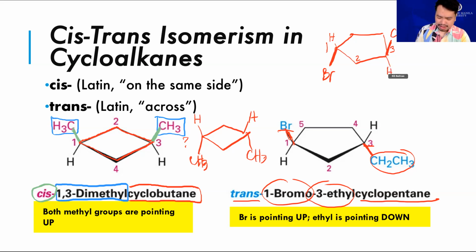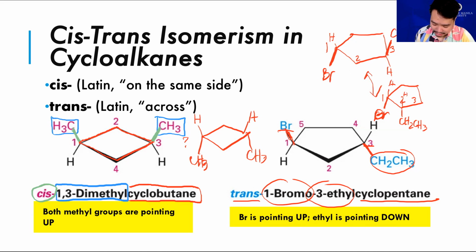Okay. But what if I put it on carbon 2? So this is Br, sorry. What if I put it on carbon 2? Are these stereoisomers of each other?